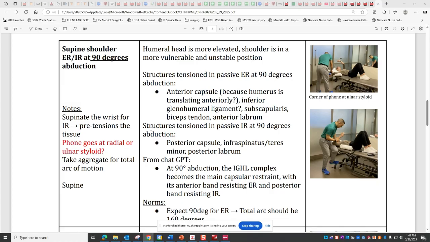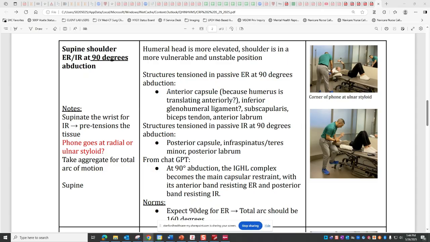Make sure that they go through full inhale and exhale fully at both end positions to take out any contributions from their breathing and how much air they may have in their thorax, which may influence their ranges of motion.